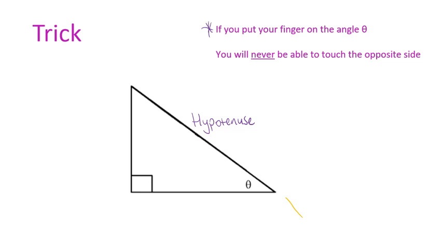So if this is my hand and I've put it on the angle, you will never be able to touch the opposite side. So I can touch this side here, which is a hypotenuse, and I can touch this side here, but I will never be able to touch the opposite side. So that must mean this side over here, this is my opposite, which leaves the last side down here, the adjacent side.